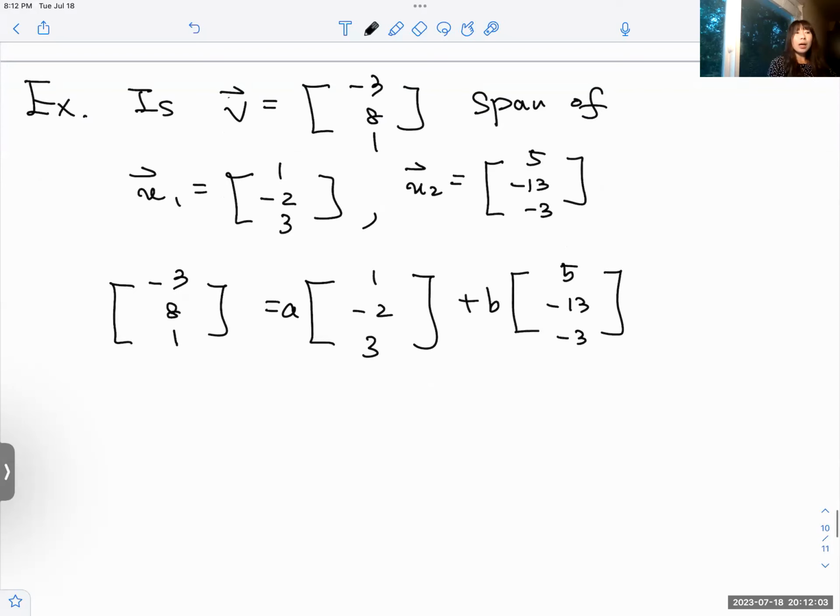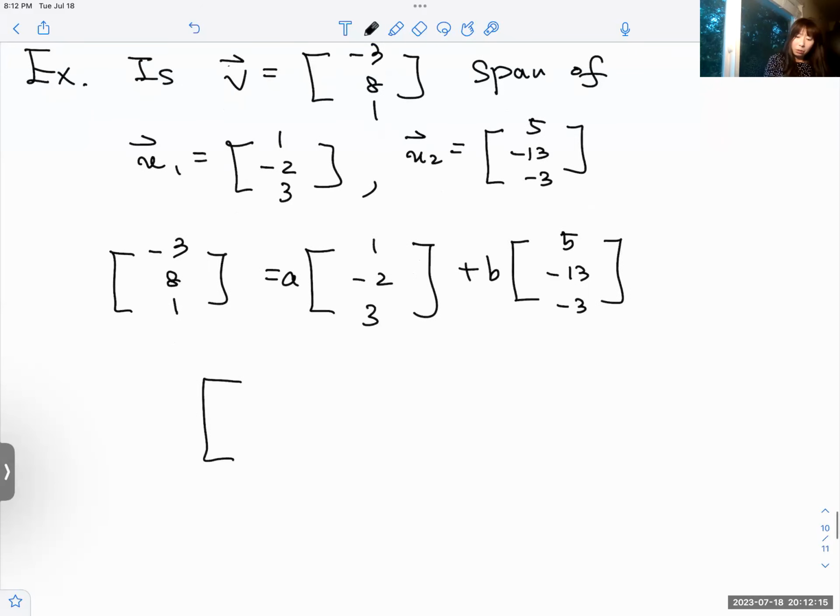Okay, so for the augmented matrix, we can just use x1, x2, x3 like that. So let us use that. So we will have 1, 5, -3, and -2, -13, 8, 3, -3, 1, right?